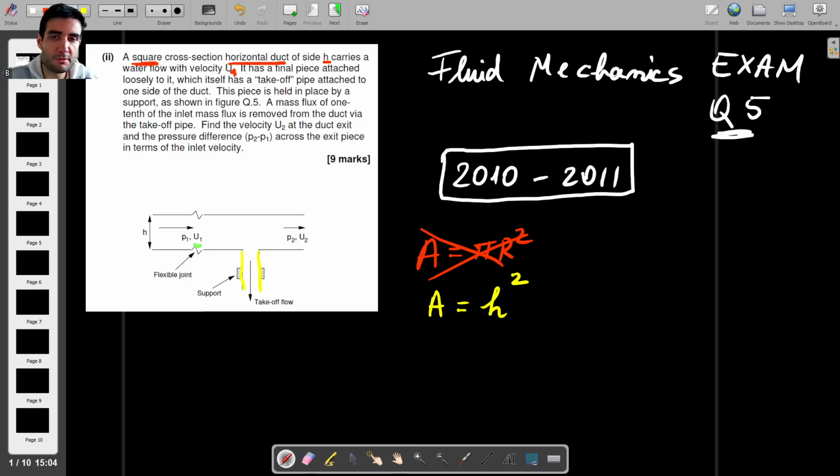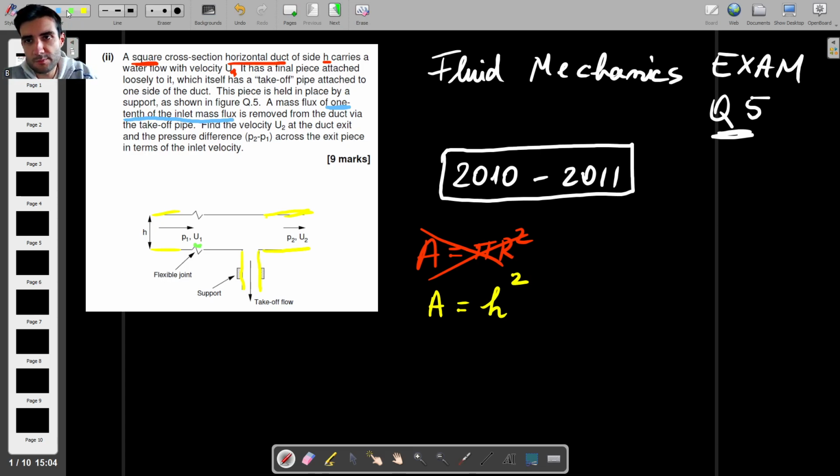Some of that fluid will start going through that takeoff pipe, and the remaining fluid will keep going through the main pipe like this. What we know is a mass flux of 1/10 of the inlet mass flux is removed from the duct via the takeoff pipe.